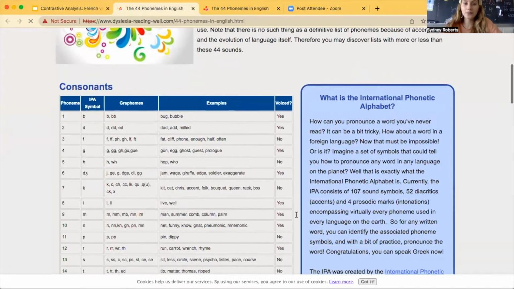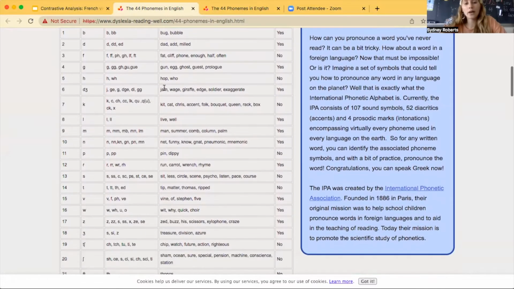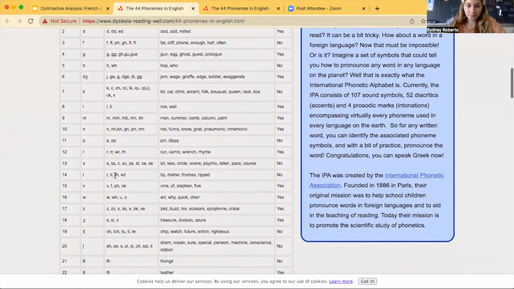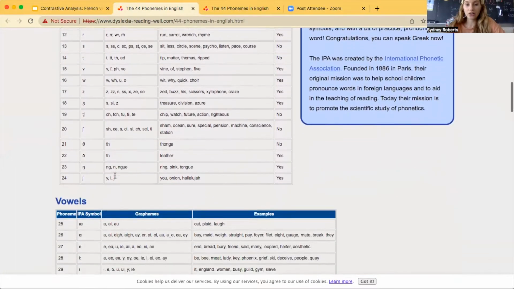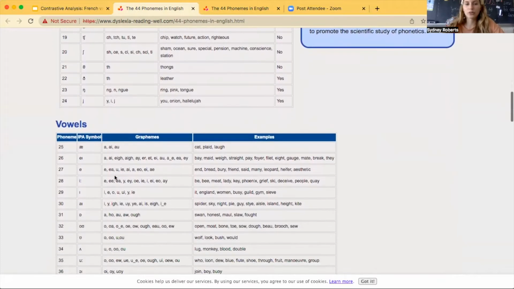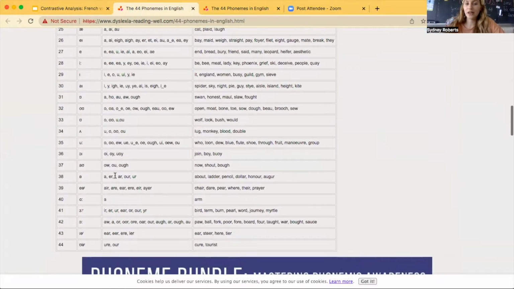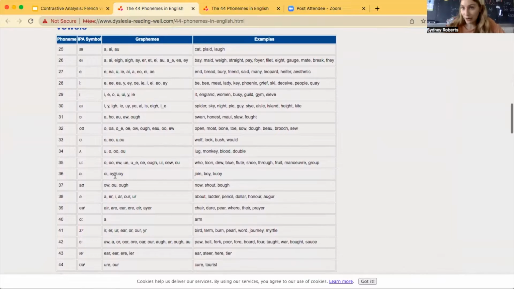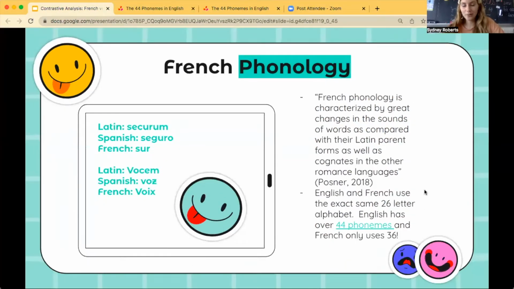So I've got a quick little detour here for us to take a look at some of these extensive amounts of phonemes. We've got these consonant phonemes, quite a few, as you can see here. We'll scroll nice and slowly so you can take a look. And there are also certain sounds that exist in French that don't exist in English, and we'll address those here and there. And then we've got lots of vowel sounds. Lots and lots of vowel sounds in English, not necessarily as many in French.